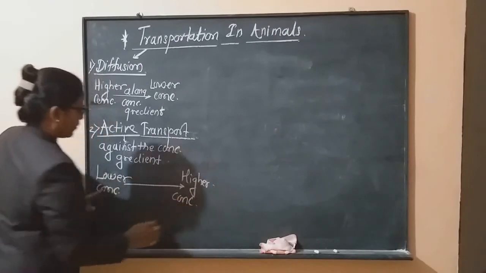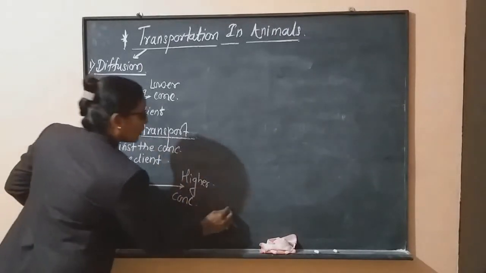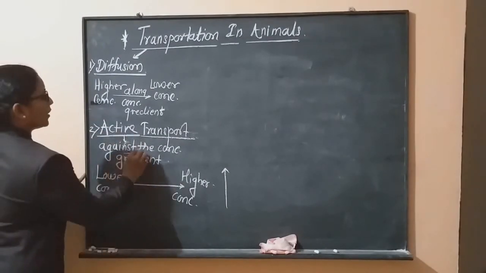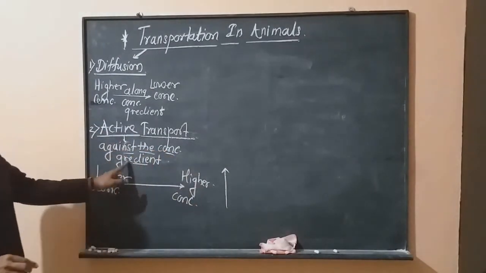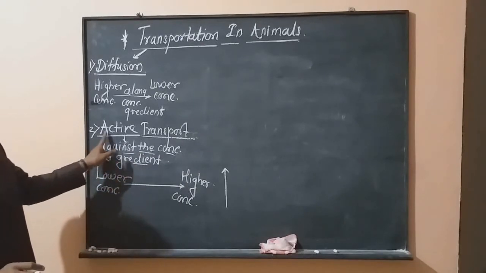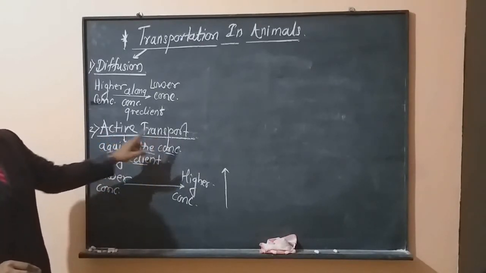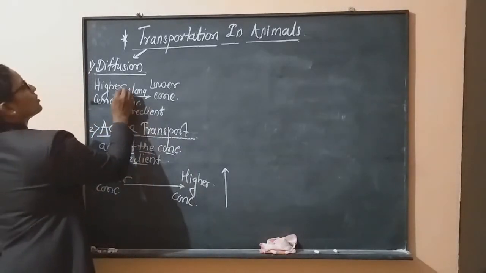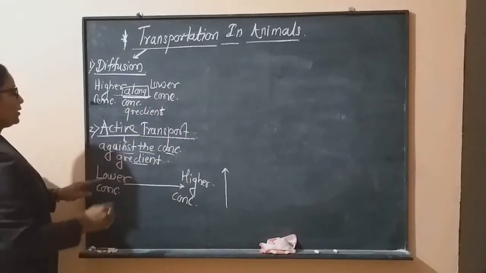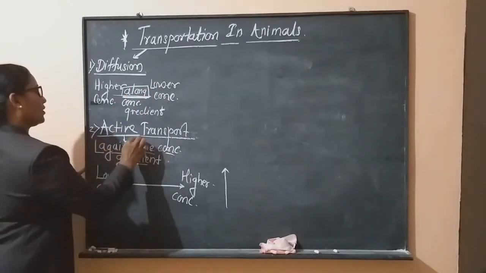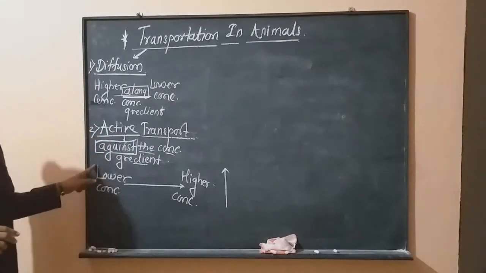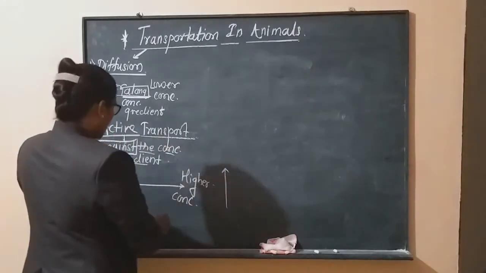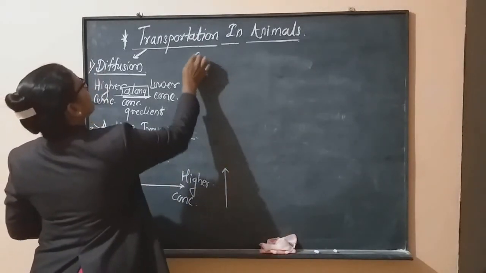And this movement from lower to higher concentration requires more energy, hence it is against the concentration gradient and is called active transport. These two are opposite. Diffusion is along the concentration gradient, while active transport is against the concentration gradient.